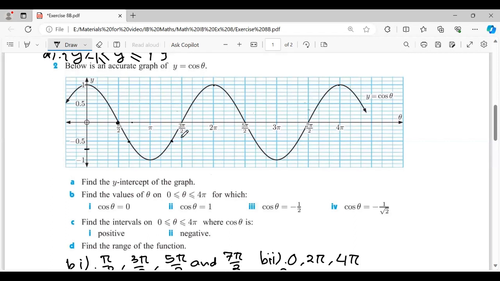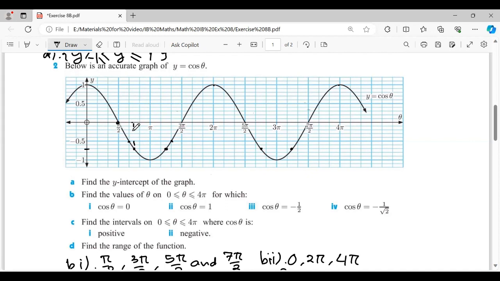So it means the values of cosine here: 1, 2, 3, 4.